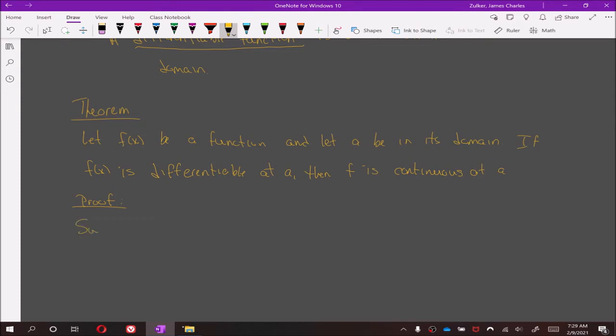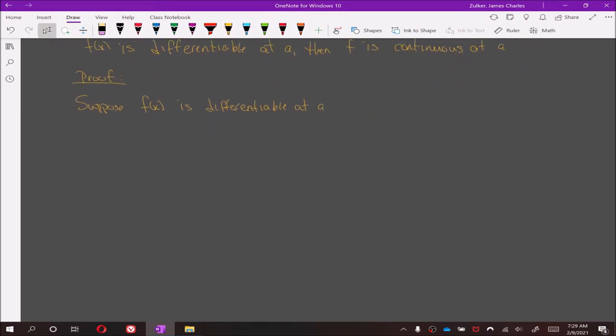So we say suppose that f of x is differentiable at a. What we have to show is the limit as x approaches a of f of x is equal to f of a. Right, that's what it means to be continuous.